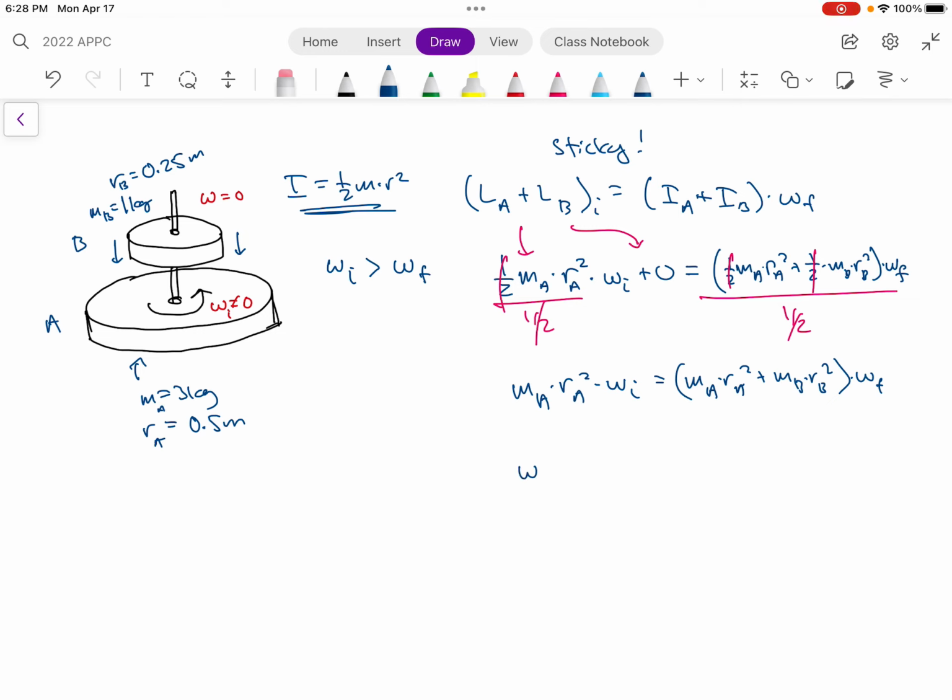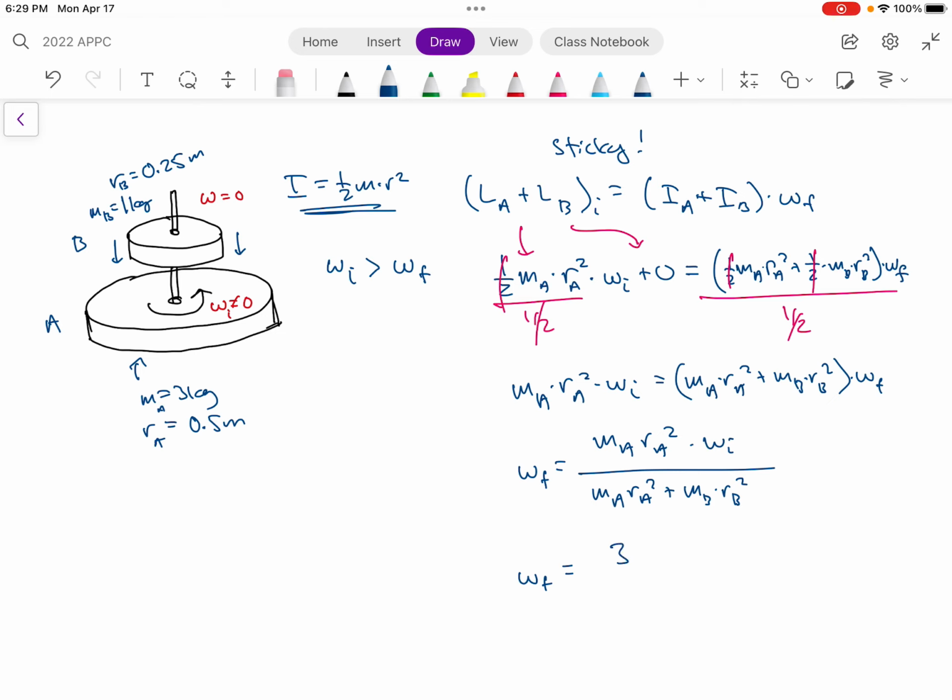So let's do that. Omega F would be equal to MA RA squared times omega I, over MA RA squared plus MB times RB squared. Then I can plug in some numbers and get to a solution.